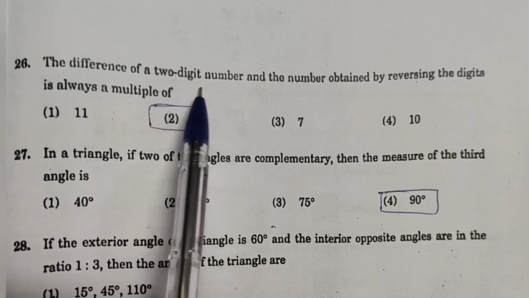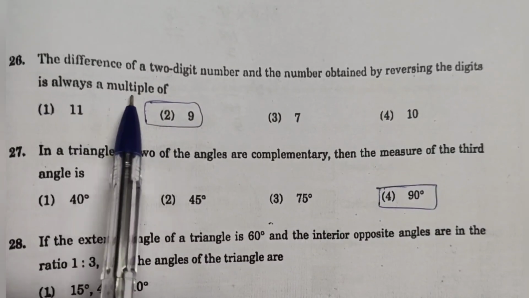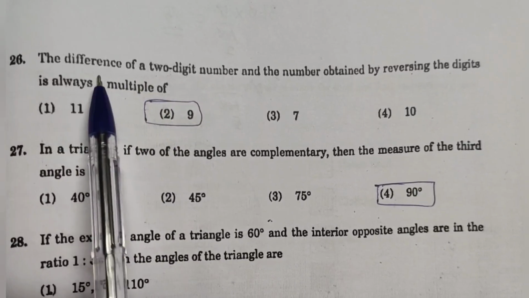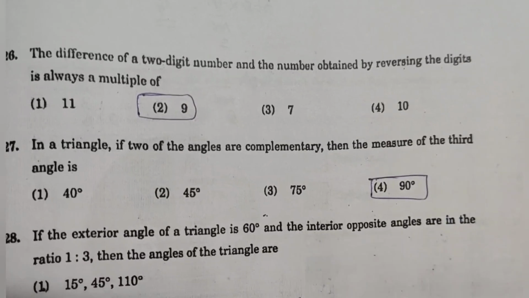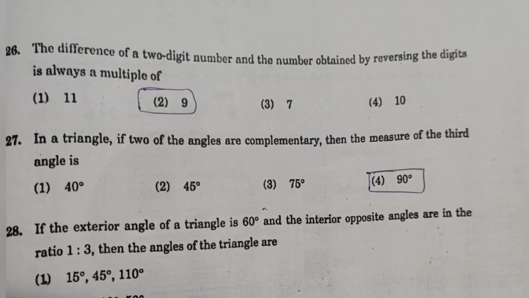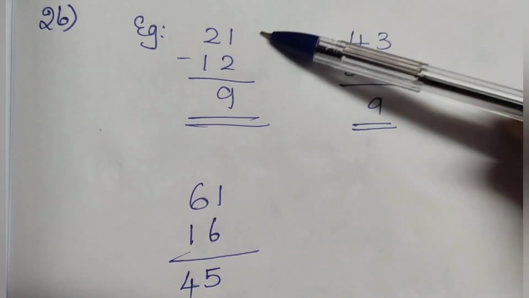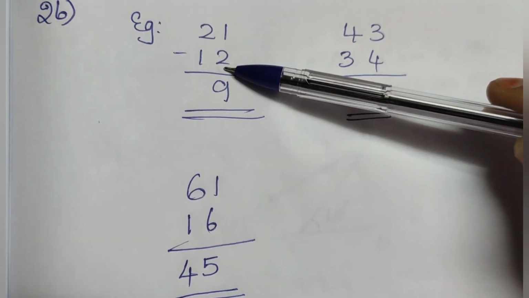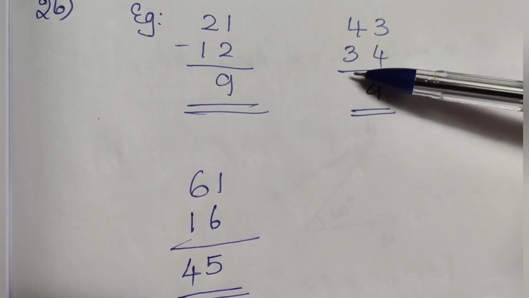The difference of a 2-digit number and the number obtained by reversing the digits is always a multiple of dash. We shall take some examples and see. Take any 2-digit number 21, reverse it, 12. What is the difference? 9. Another example, 43, reverse it, 34.